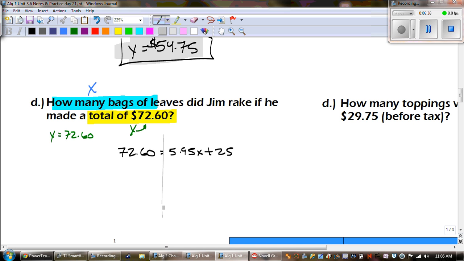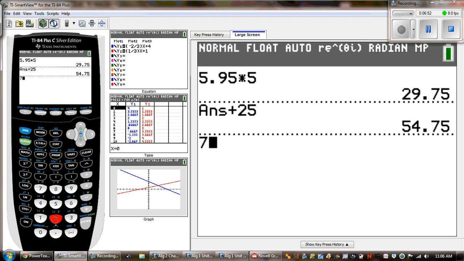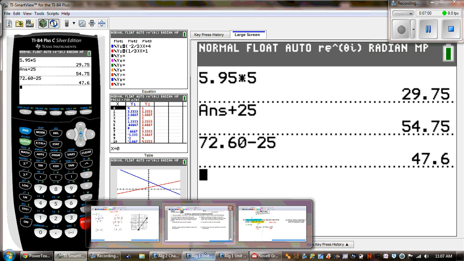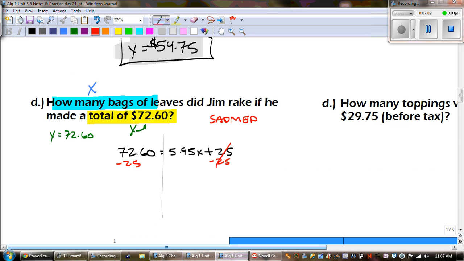Okay, so we have to solve for x, which means we're following the rules of SADMET. To get the x by itself, the first thing we do is subtract the 25. We have 72.60, and we're subtracting 25, and we get 47.6, which is really $47.60.